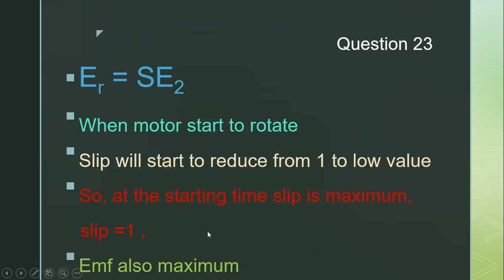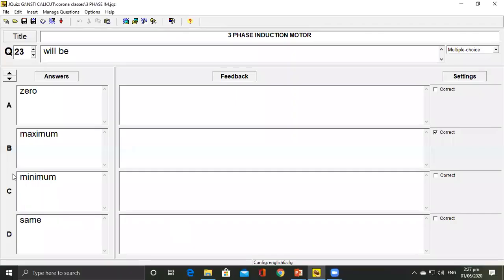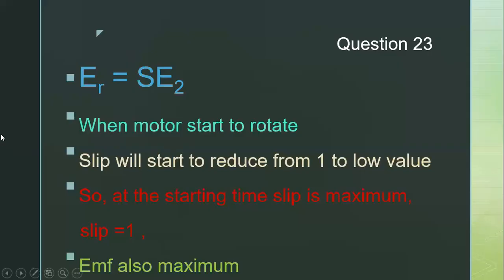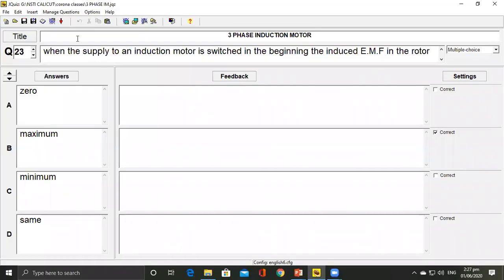So EMF in the rotor will be maximum at the starting condition. Our answer is option B. ER is equal to S into E2, and slip is at maximum value at the starting condition, so the induced EMF will also be maximum.